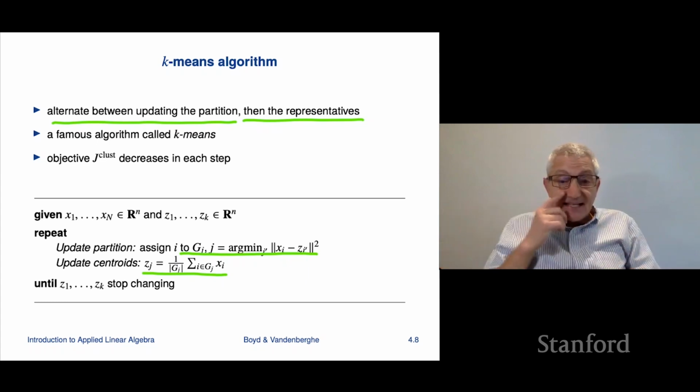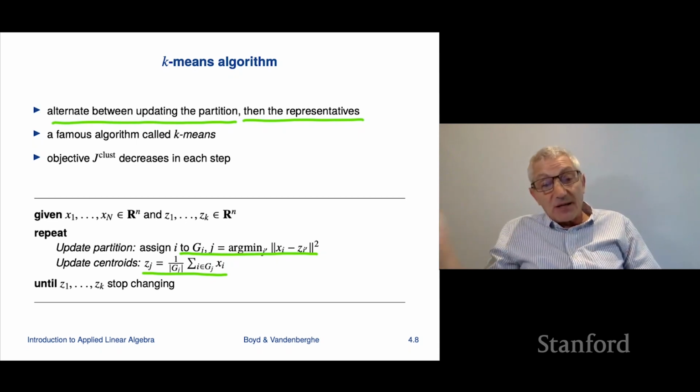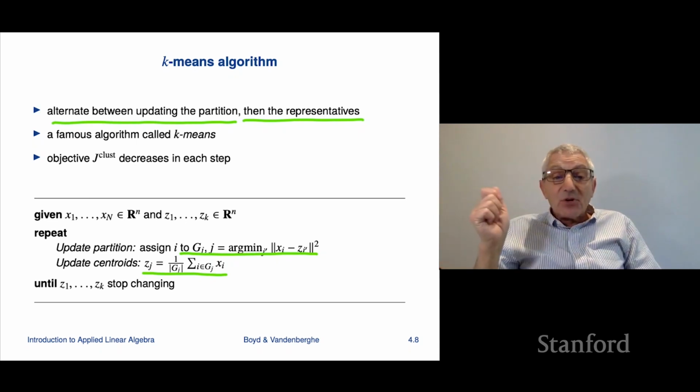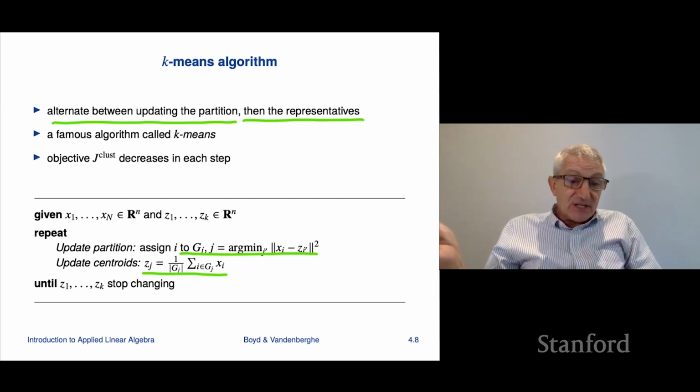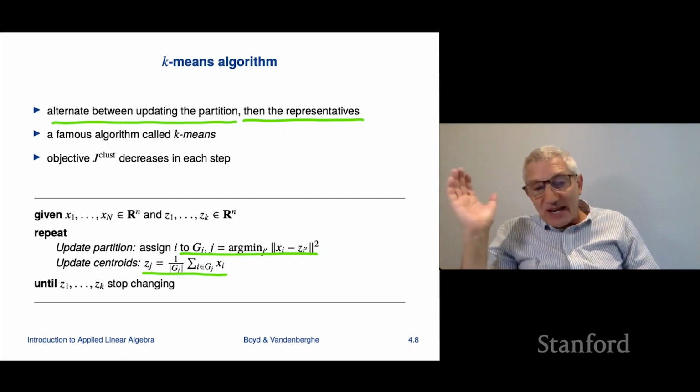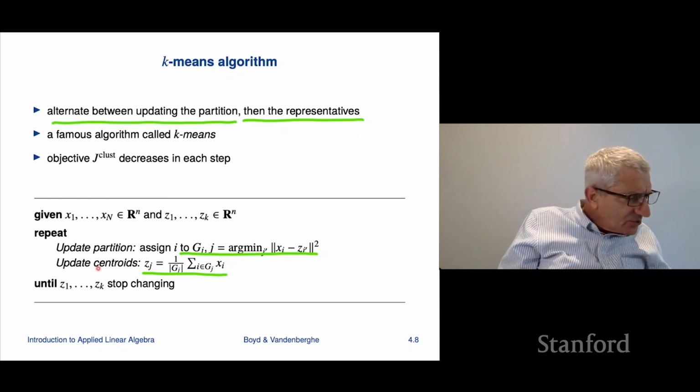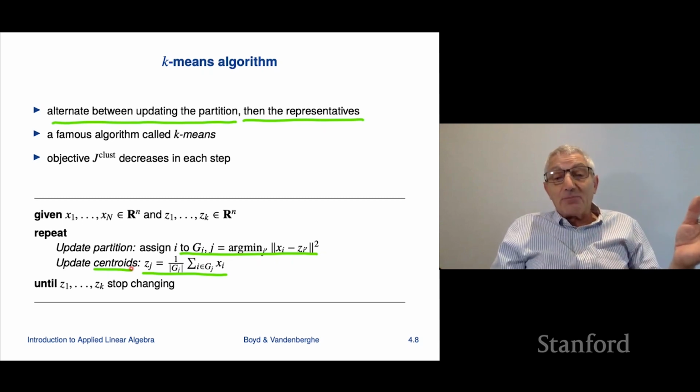In other words, every item is assigned to its nearest neighbor among the representatives, number one. And number two, each centroid is the average of the entries in its group. I should say that the centroid here is an alternate name for the representative or mean.